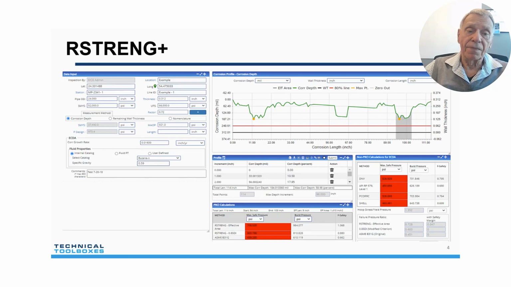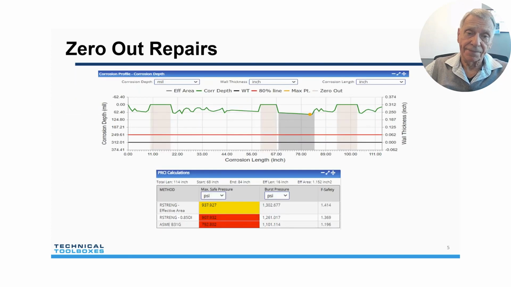How do we repair this? Well, the zero-out method allows you to come up with an assessment on this, and it identifies those locations. If they were repaired, will bring you to the maximum allowable safe operating pressure.